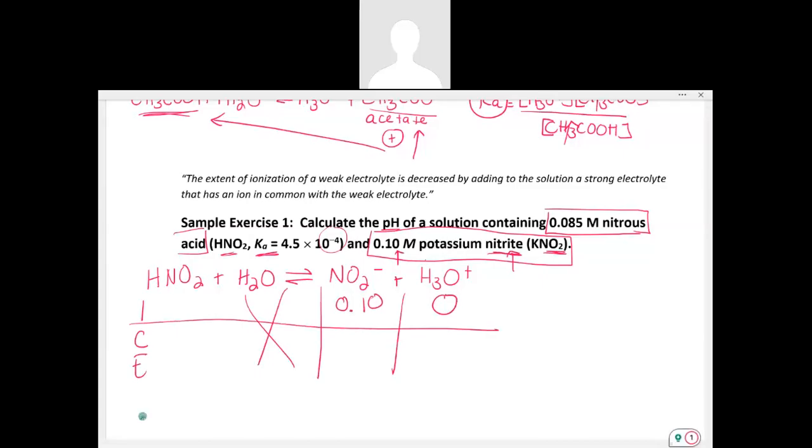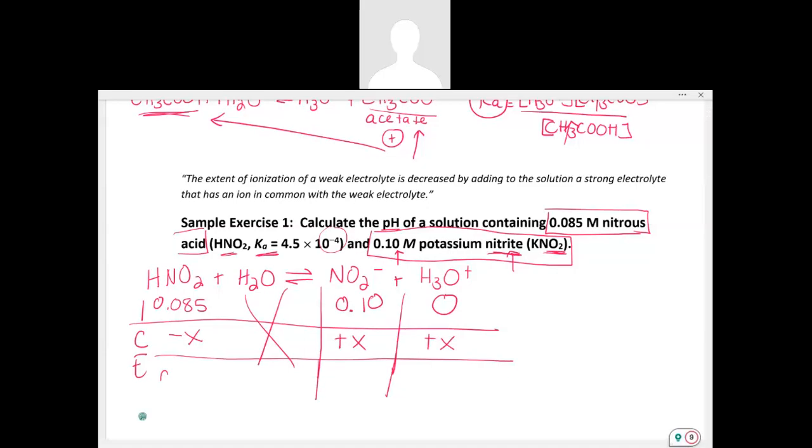So we'll make it the same amount of sig figs. And then we have this 0.085 molar over here to start. Our change is going to be exactly the same as we've seen in the past. So we have minus x plus x plus x for all 1-to-1 coefficients.